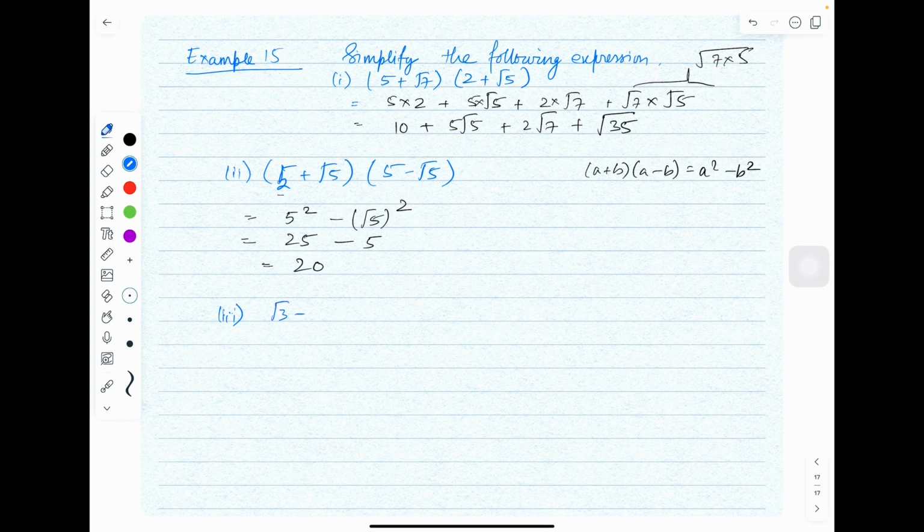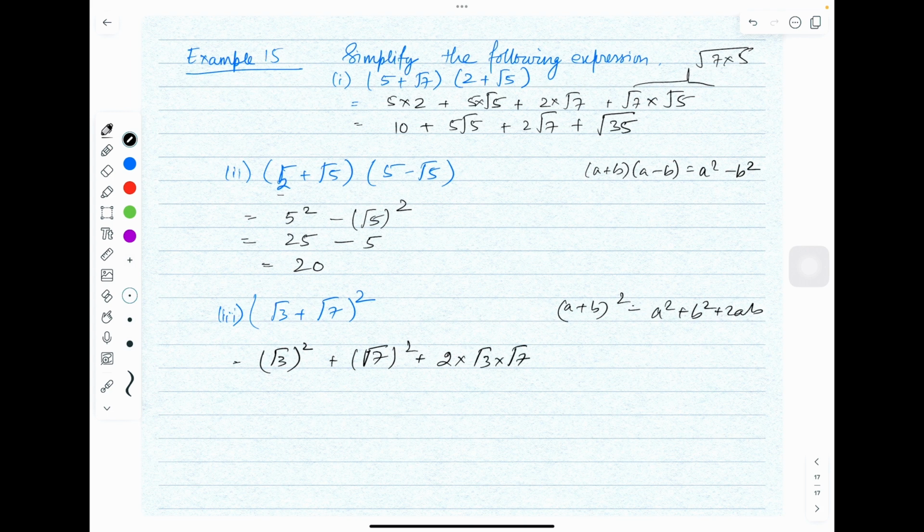Then this is (root 3 plus root 7) whole square. You have already learnt (a plus b) whole square equals a square plus b square plus 2ab. Simply instead of a, I am writing root 3, instead of b, I am writing root 7. So in this formula, a square is root 3 square, b square is root 7 square, then 2 into root 3 into root 7.